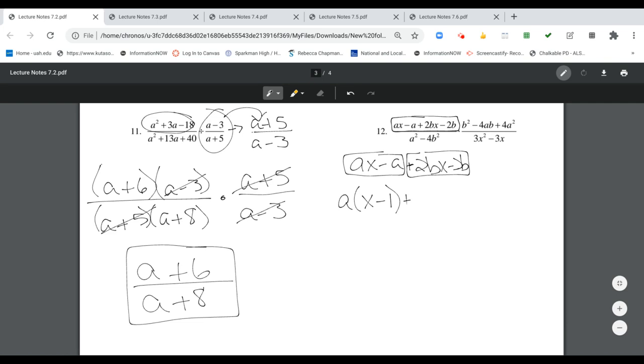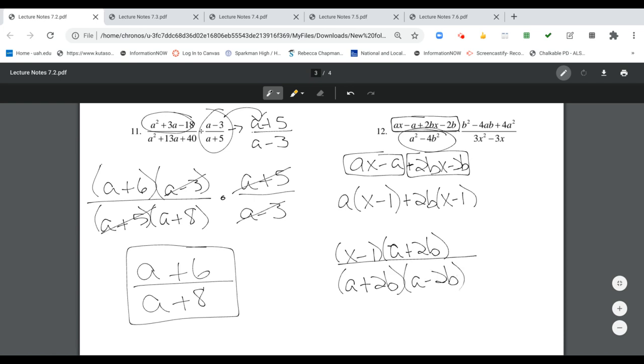When I take out the 2b, that also leaves me with x minus 1. So my factors of the numerator are x minus 1 and a plus 2b. My denominator, difference of squares, that would be a plus 2b and a minus 2b, conjugates.